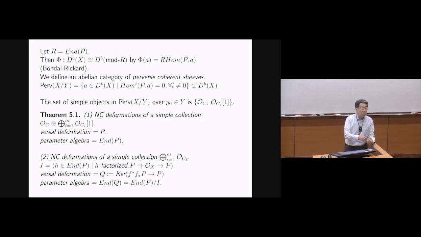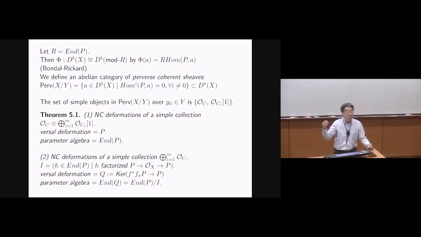Also, if the complex of D-modules is just a sheaf of D-modules, then the corresponding thing is a perverse sheaf. And a perverse sheaf is not a sheaf, but just a complex of sheaves. So in this way, the correspondence is very parallel. This is why it is called perverse coherent sheaves.